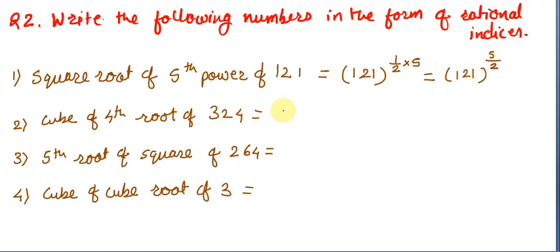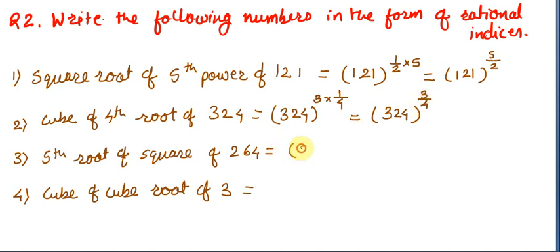Next, first we will write 324. Then it is given cube of. So cube means 3. Fourth root of. Fourth root means 1 upon 4. So it is ultimately 324 raised to the power 3 into 1 is 3 upon 4.